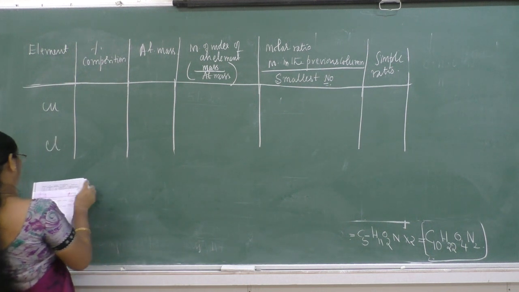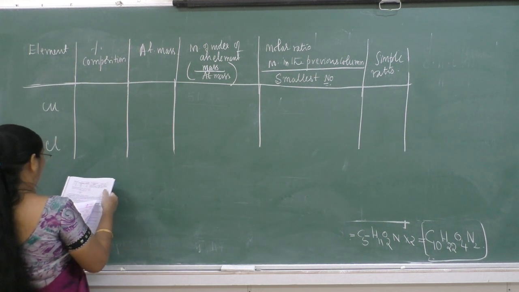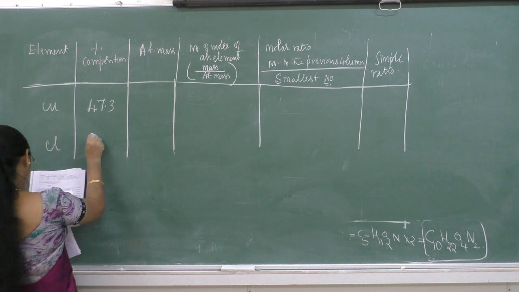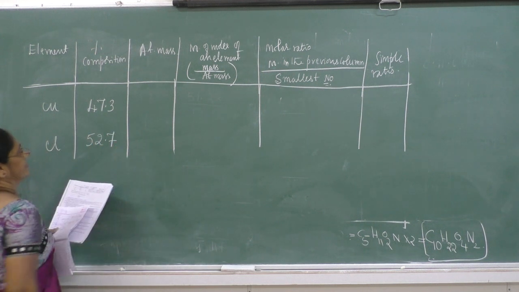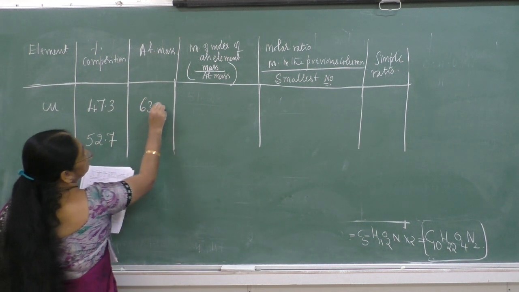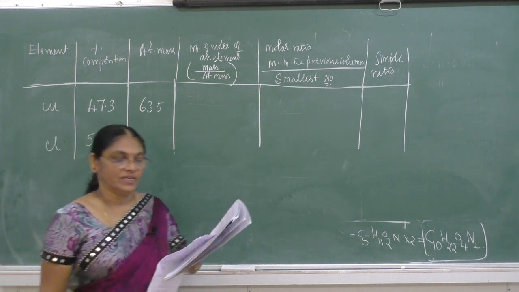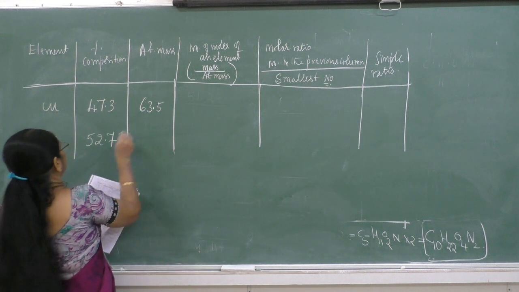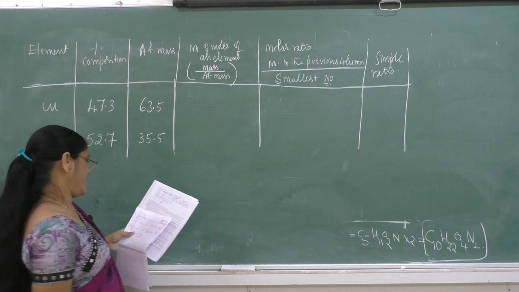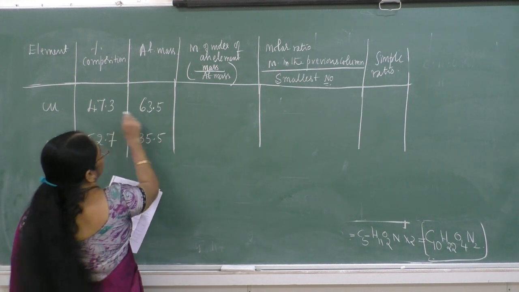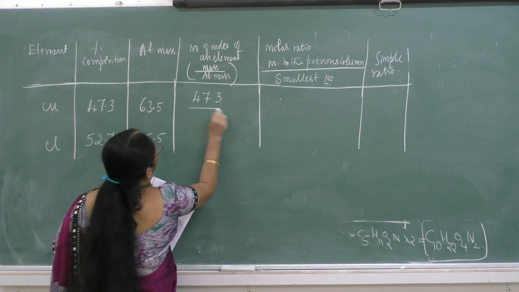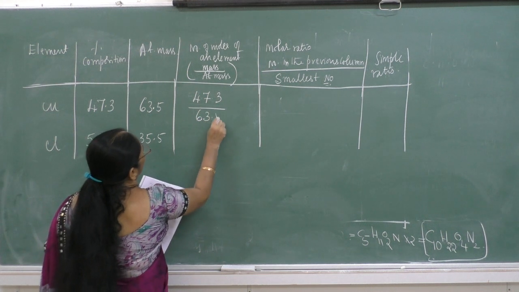The percentage mass of copper is 47.3, and chlorine is 52.7. The atomic mass of copper is 63.5, and the atomic mass of chlorine is 35.5. Then calculate the number of moles of copper, that is the given mass 47.3 divided by 63.5.